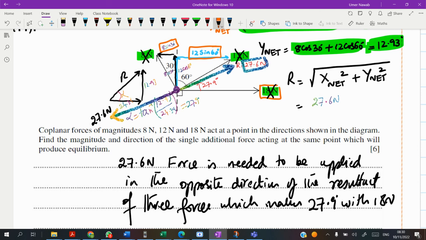You understand my point? This resultant has to be in the opposite direction of the resultant of the three forces, and that resultant is making 27.9 degrees. If you don't want to write this, then you need to get this angle, which is 180 minus 27.9.